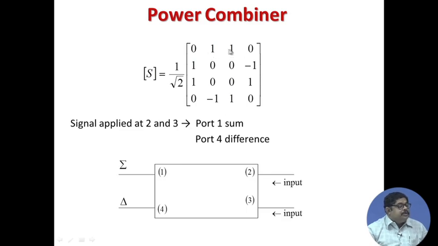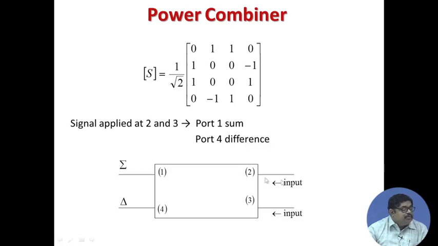Now, sum these, this is 2, this is 0. That means at port 1, whatever power I am giving at 2 and 3, I am getting their sum, and at port 4 I am getting 0.